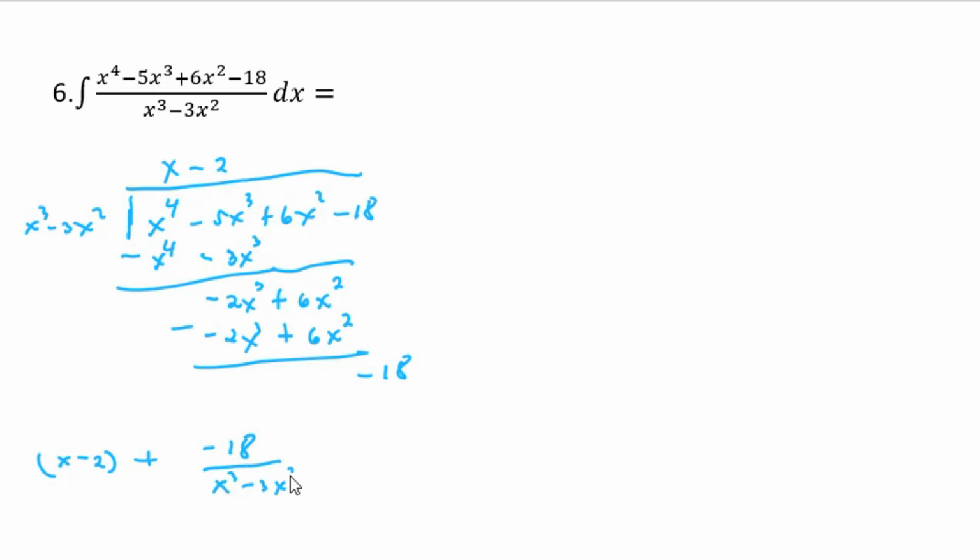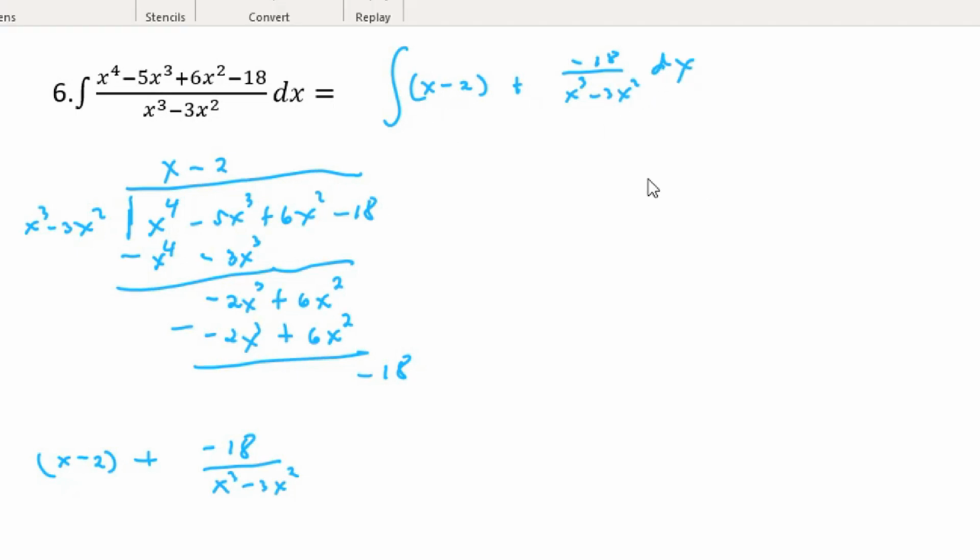So we now have the quotient x minus 2 plus negative 18 over x cubed minus 3x squared. In this case, we can write the integrand as the integral of x minus 2 plus negative 18 over x cubed minus 3x squared, dx.